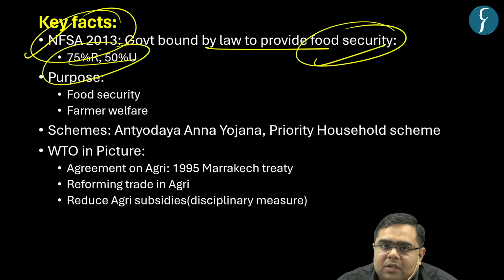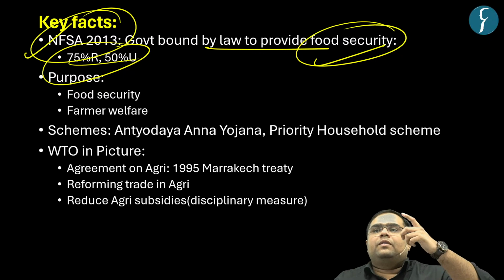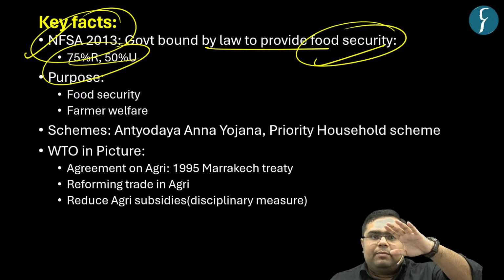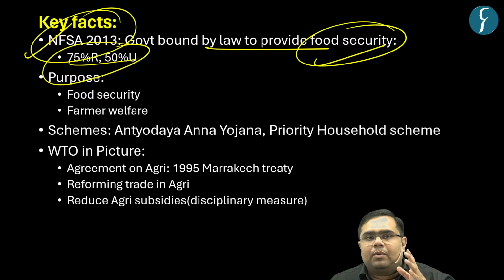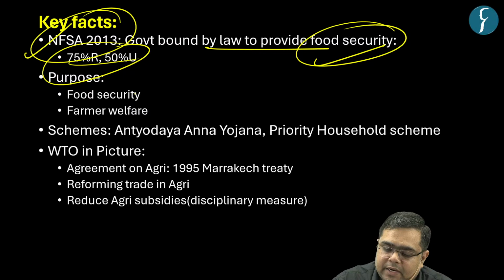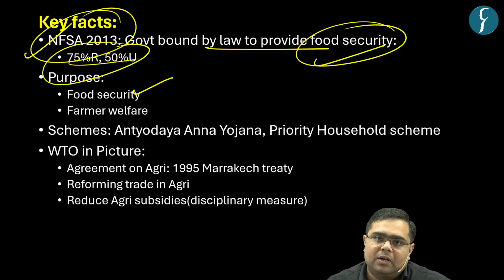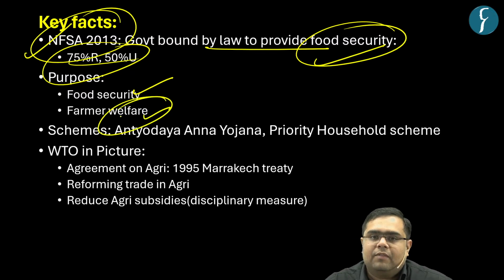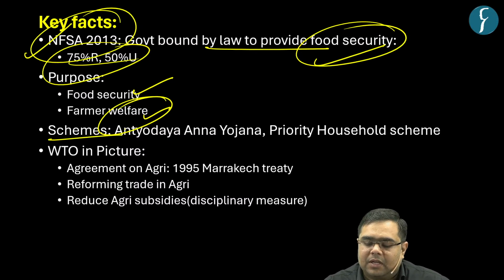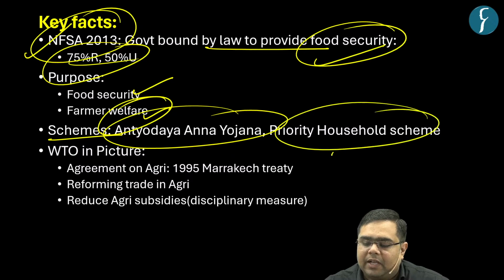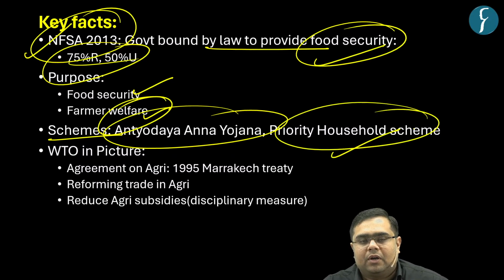The criteria was that we will ensure food security first for 75% of the rural population and 50% of the urban population. The intended purpose was first to provide food security and end hunger and pestilence in all its forms. Then the second one was farmer welfare. What are the pertinent schemes in this context? Antyodaya Anna Yojana and Priority Household Scheme for distribution of food.